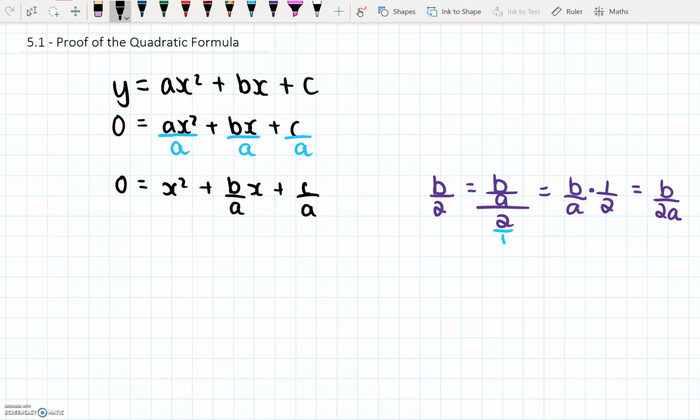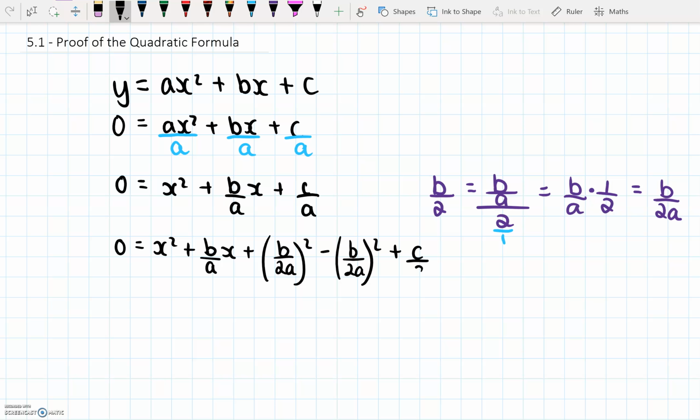So we have 0 is equal to x squared plus b over a x plus b over 2a squared minus b over 2a squared plus c over a. Okay, so we've added our extra terms.